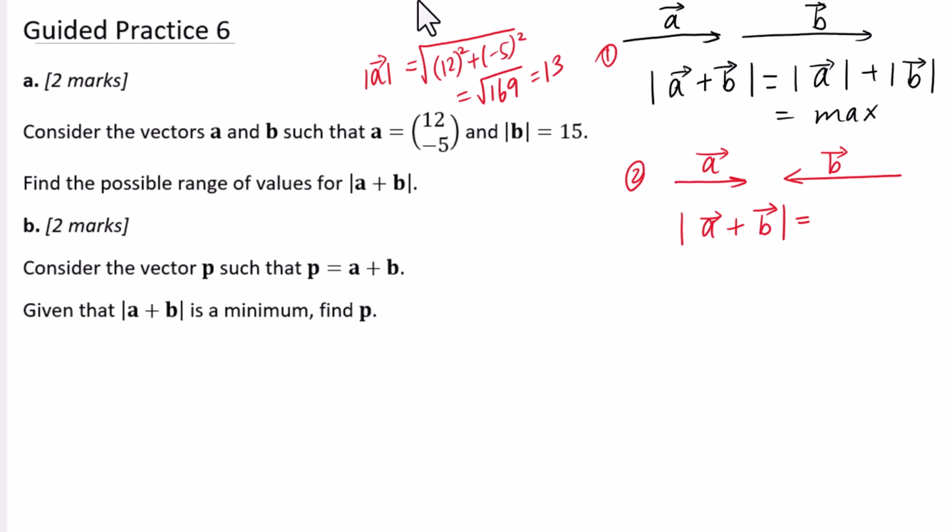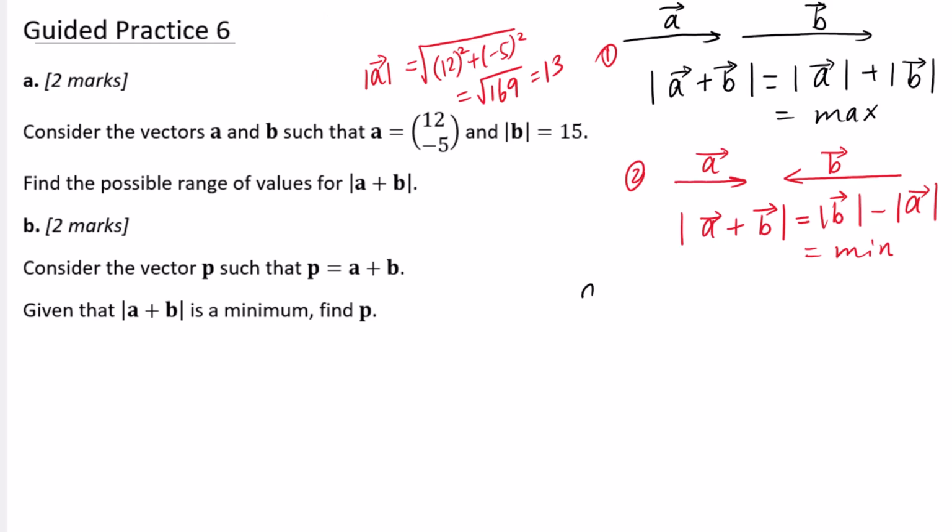We know vector B is longer than vector A. So absolute value of vector B minus absolute value of vector A. This is the minimum value.